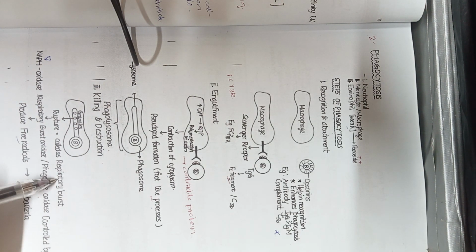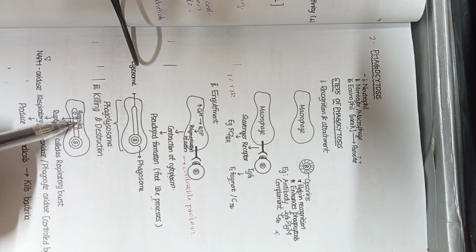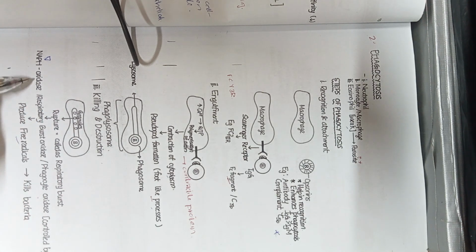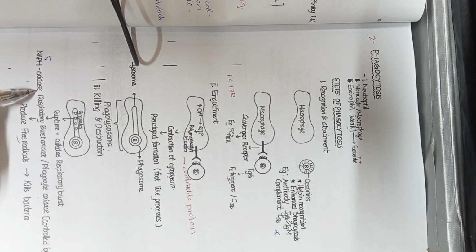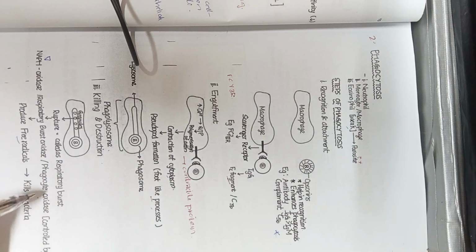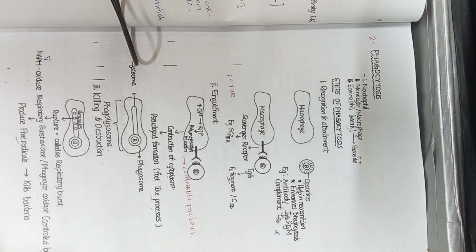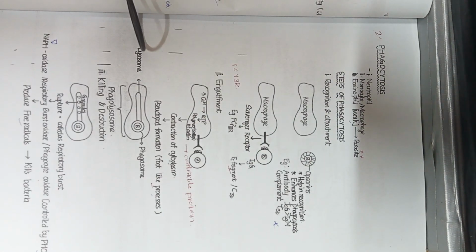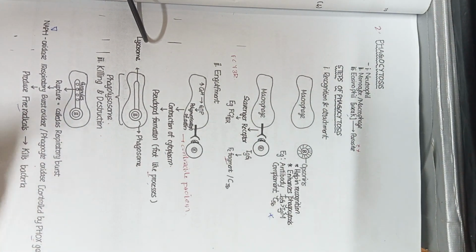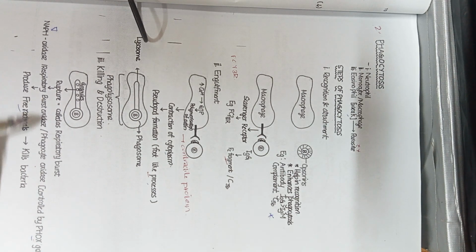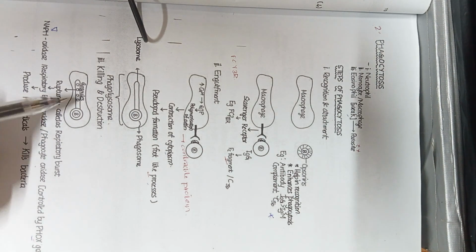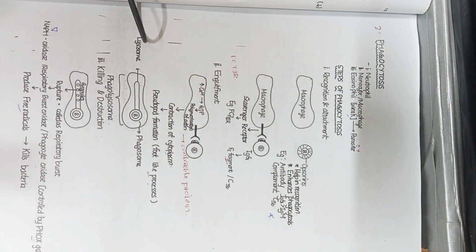When the granules burst, they release an enzyme called NADPH oxidase, or respiratory burst oxidase, or phagocyte oxidase, which is controlled by the FOX gene. Three names are mentioned here: NADPH oxidase, respiratory burst oxidase, phagocyte oxidase. This enzyme will produce free radicals and kill the bacteria.